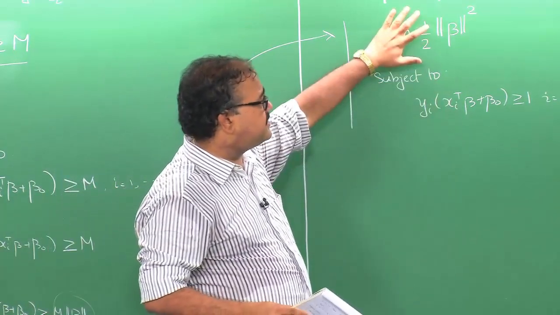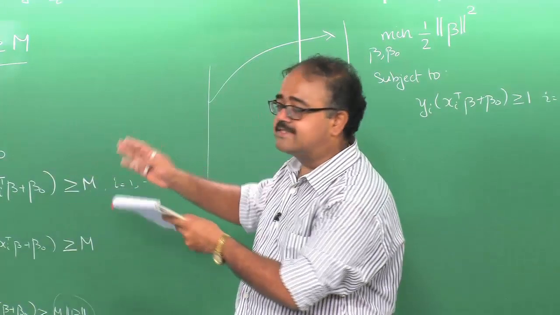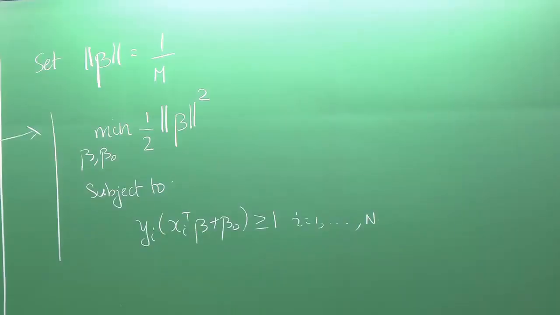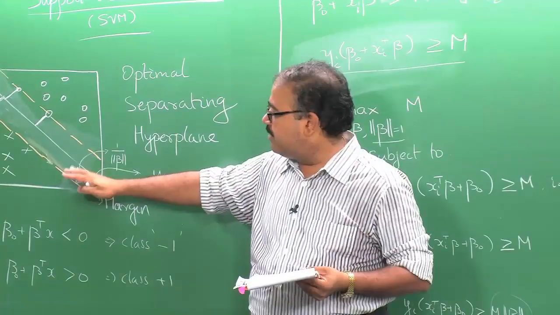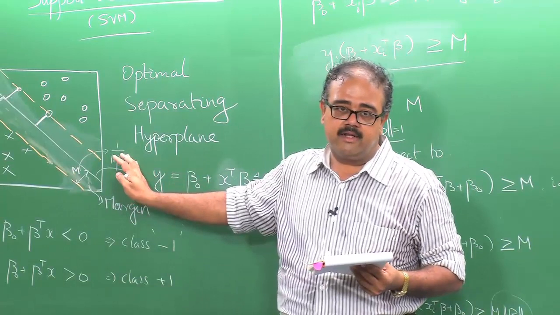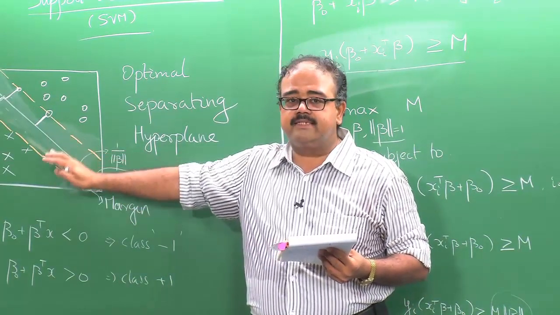Together with these constraints, I define a slab around the separating hyperplane of width 1 by norm beta, making sure that there are no data points within this region.